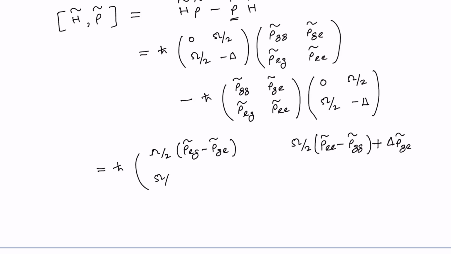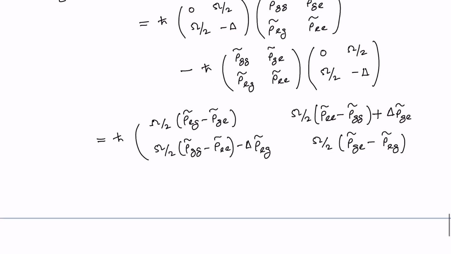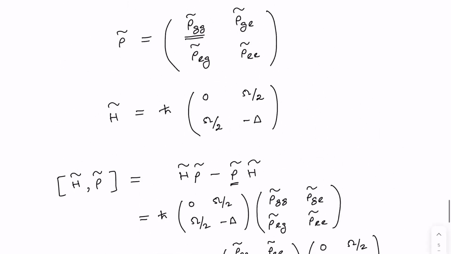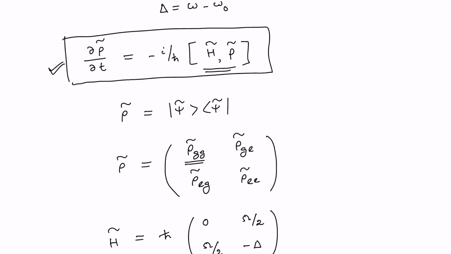And then in the second row, first column, you are going to have omega by 2 rho tilde zz minus rho tilde ee minus delta rho tilde ez, and second row, second column, you will have omega by 2 rho tilde ze minus rho tilde ez. So this is what you will have, but this is actually equal to i h cross delta rho delta t, right? Because this is the equation you have.